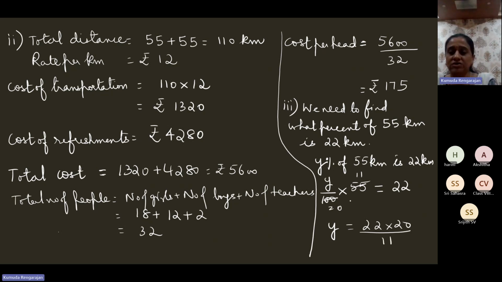Whatever way you want to understand. We have the fraction 11 by 20, so on the other side, it will be 20 by 11. Simplify. So Y is equal to 40%.